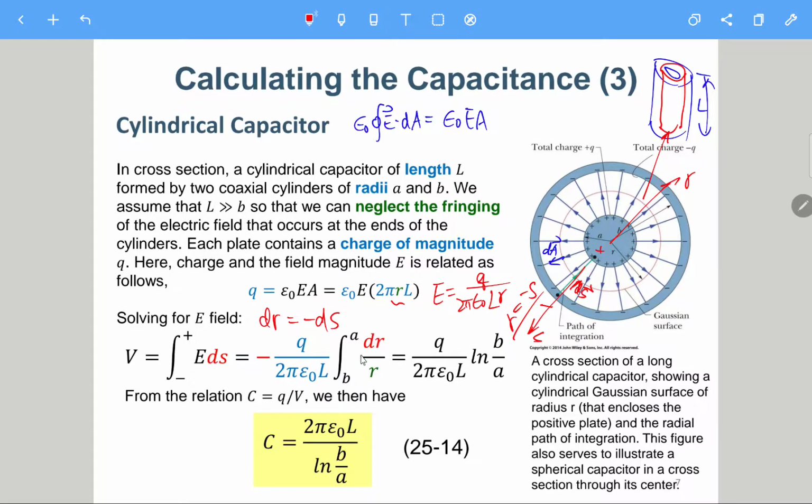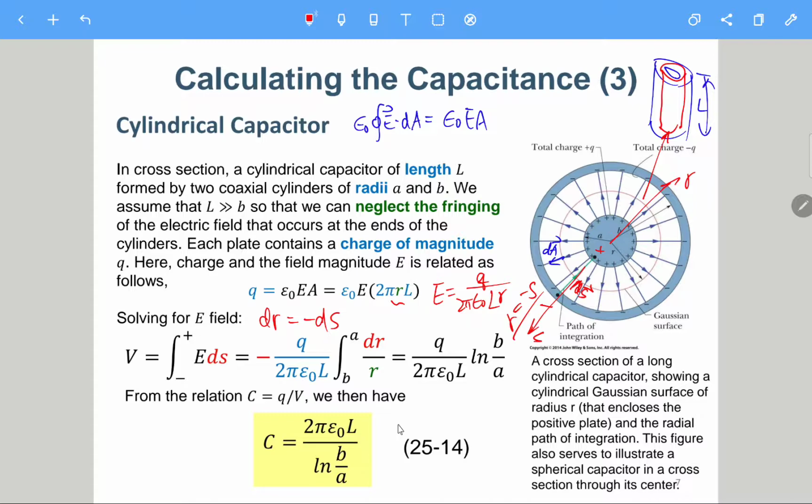Integrate this one, 1 over r. The antiderivative is a log function, the natural log. So natural log of r evaluated at b and a, and then we also have a minus sign. Finally, we have natural log of b over a for this integral.